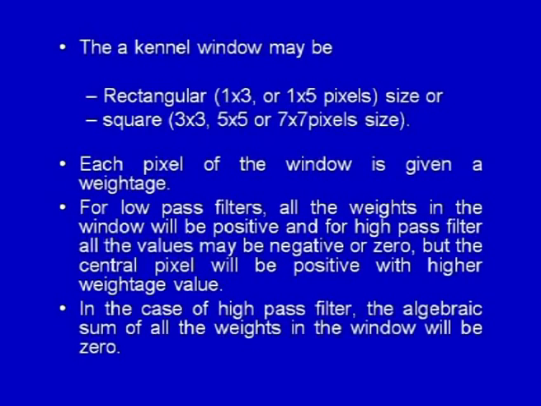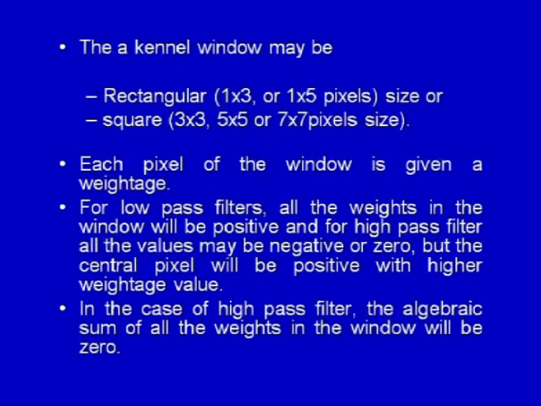A kernel window may be rectangular in size, having size 1 by 3 or 1 by 5, or square, wherein the size could be 3 by 3, 5 by 5 or 7 by 7 pixels. Each pixel of the window is given a weightage.